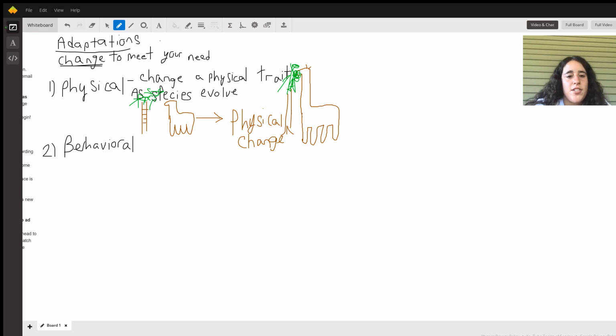Some physical adaptations, though, can happen over a short period of time. So let's look at a physical adaptation that can happen in a short period of time. Let's say that I'm a bear. And the winter is coming. So I need to hibernate.